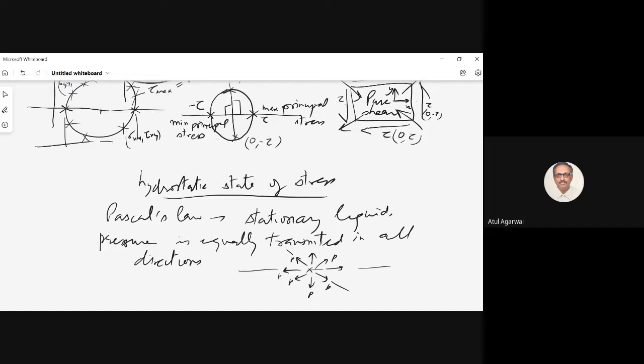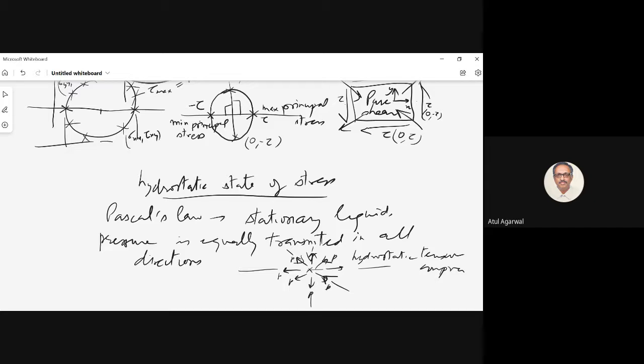So how can such a situation happen? You take any point, any plane, the value is pressure. This I had shown as hydrostatic tension. You can have hydrostatic tension as well as compression. Compression you are more familiar with, so there the force sign will be opposite.